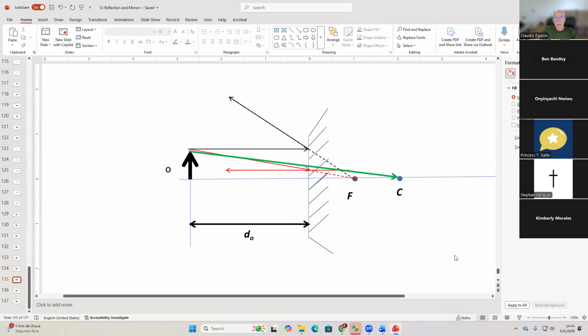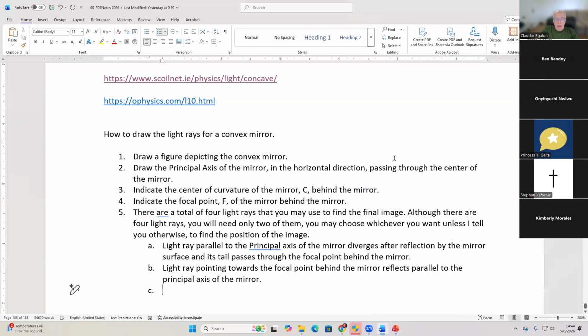C, next. A light ray pointing towards the center of curvature of the mirror is reflected on itself. I'm going to copy this one and paste it.